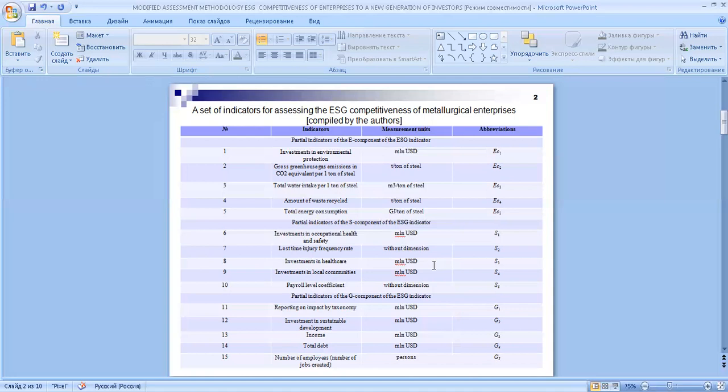Therefore, it is important to assess the vulnerability of ESG competitiveness immunity under the influence of ESG risks and threats. The authors consider it expedient to do this by rating them according to the scale presented on the table on the slide number 3.